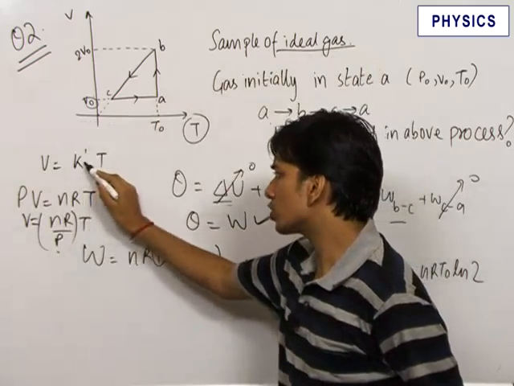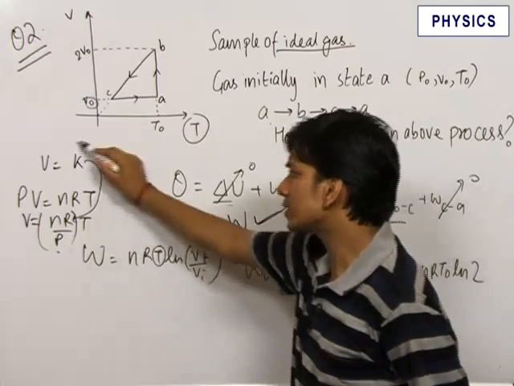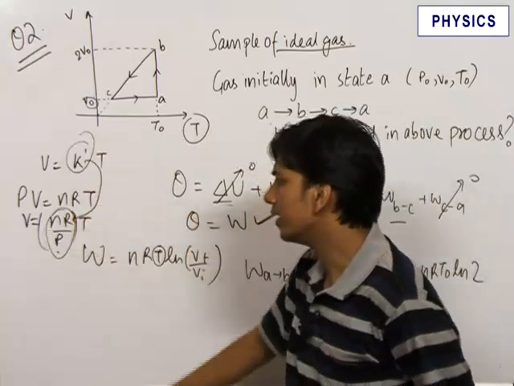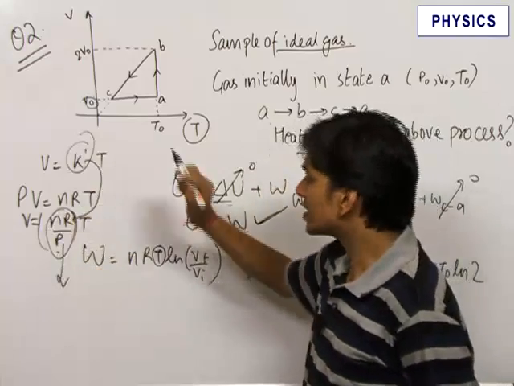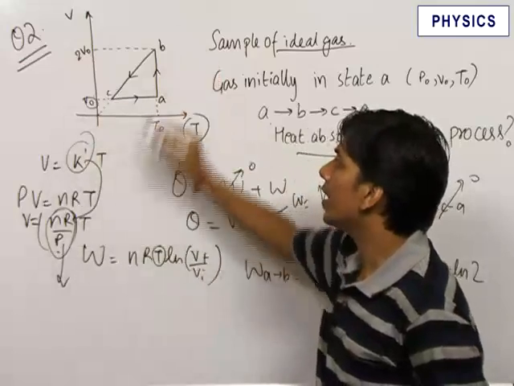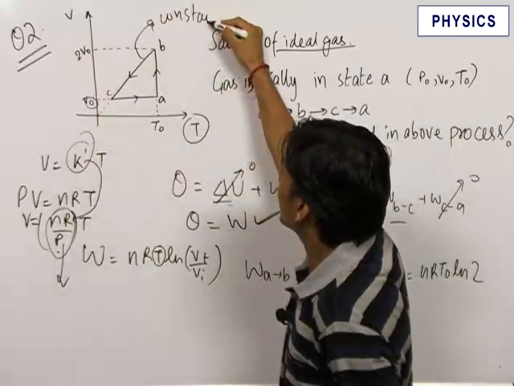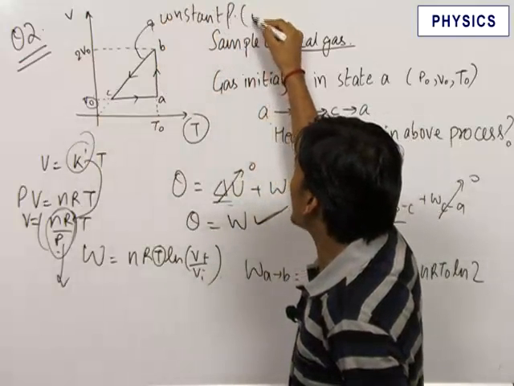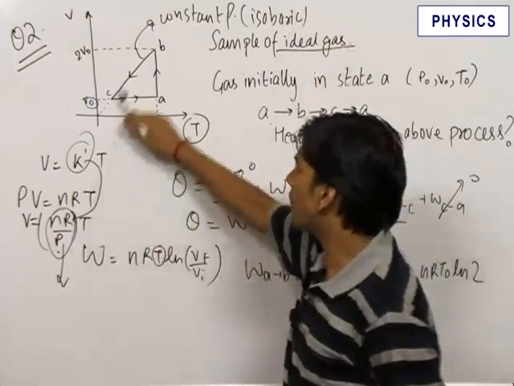Therefore this constant K dash is nothing else but nR upon P. This is constant, therefore the pressure of the gas is also constant. So you must keep in mind that a line passing through the origin in a VT graph represents a constant pressure process, that is an isobaric process.